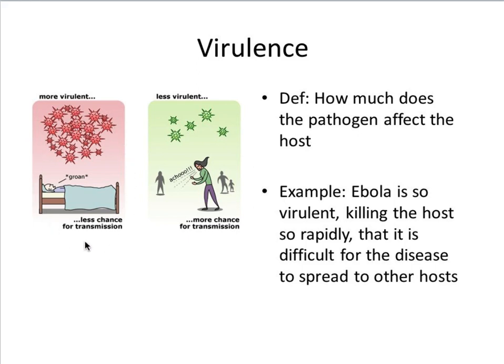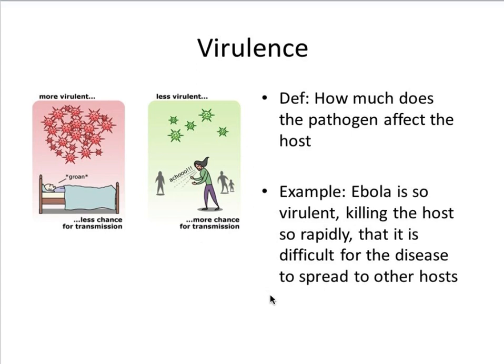If you become very ill from a virus, then you'll self-isolate, or you will die and you won't have a chance to transmit the disease. Whereas if a virus is less virulent, then you just go on doing your thing and you will infect many people.